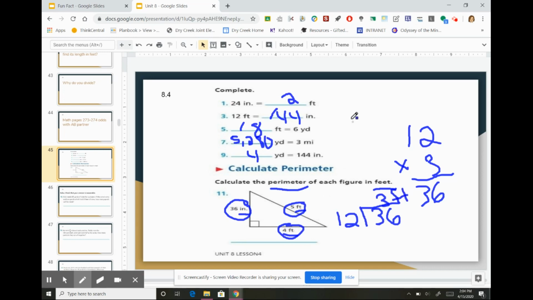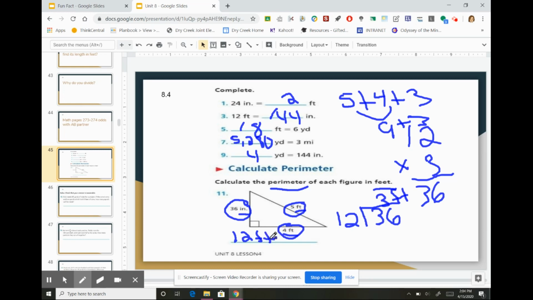So I'm going to do 5 plus 4 plus 3. 5 and 4 makes 9. And then I have 9 plus 3: 9, 10, 11, 12. So my answer is 12 feet.